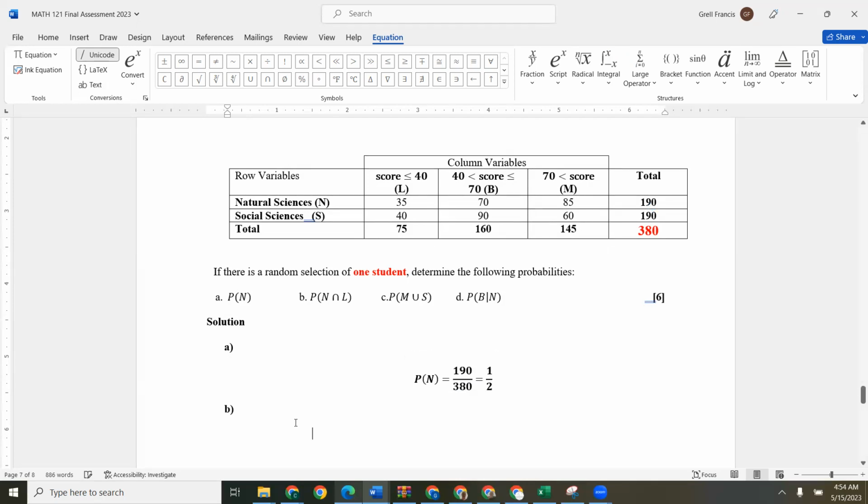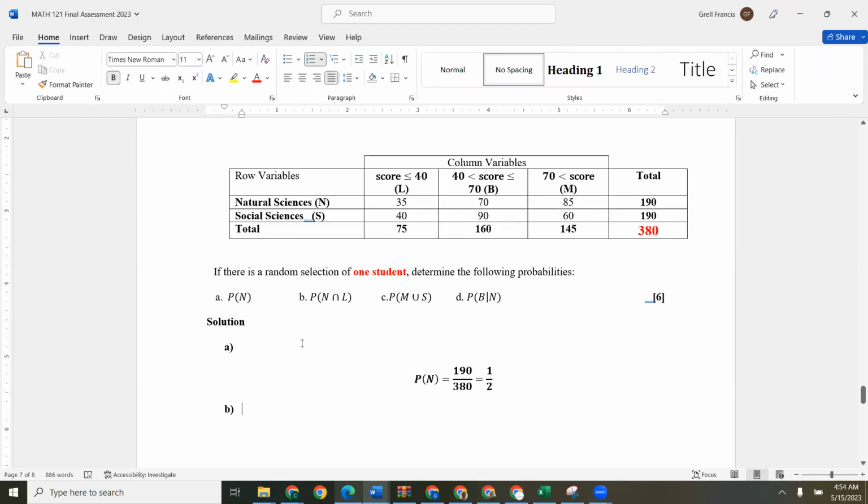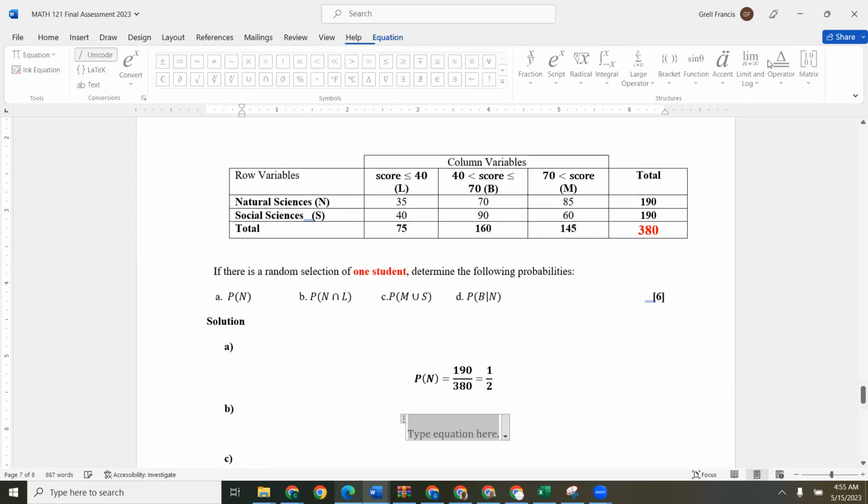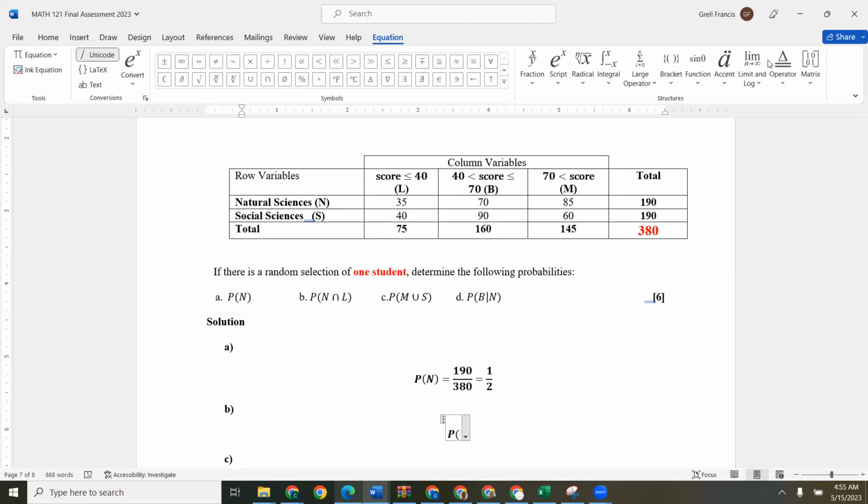B was the probability that this student is from the natural sciences and scored below 40%. So that would be an intersection, probability of N intersect L. As we say, the denominator is the grand total.